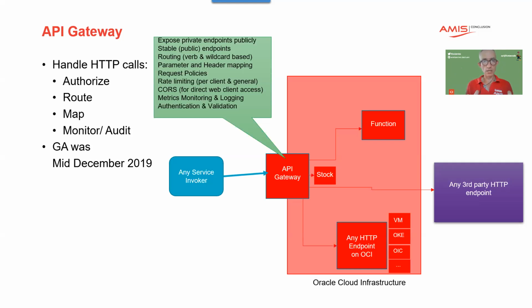So we can implement throttling to prevent too large a number of requests being routed by the API gateway to the endpoint. We can make sure that the response contains CORS headers. And as I said, we can implement monitoring and logging of all the traffic through the API gateway. And finally, there's authentication of requests.